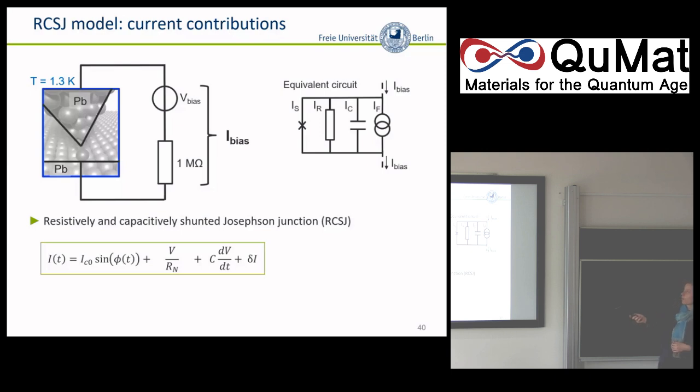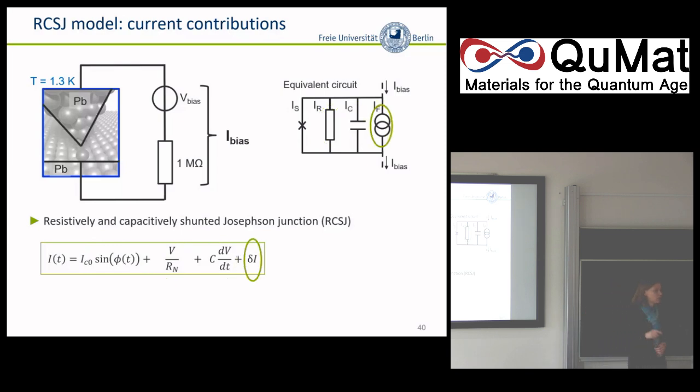This is why we put the capacitance here in the equivalent circuit diagram. And also you have noise and finite temperature. So this is what is called the resistively and capacitively shunted Josephson junction. And if you just take your Kirchhoff's rules, current in, current out, you put up all these: supercurrent, the ohmic part, the displacement current, and the noise.